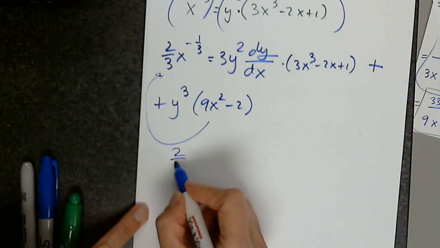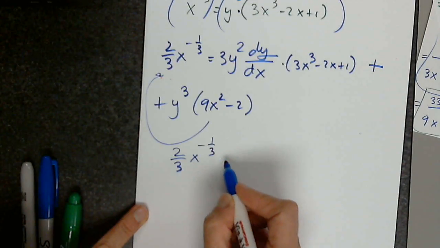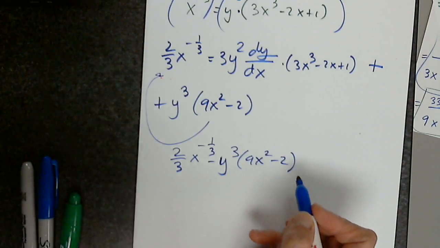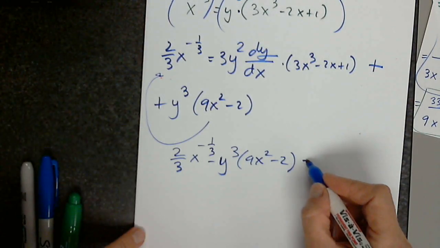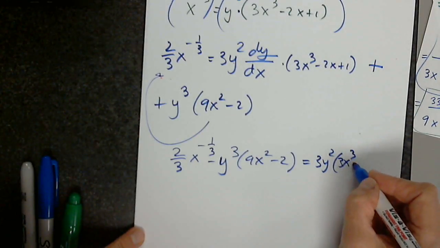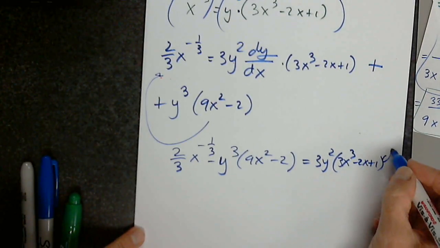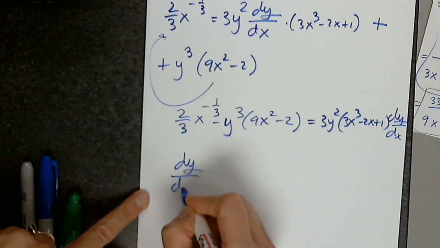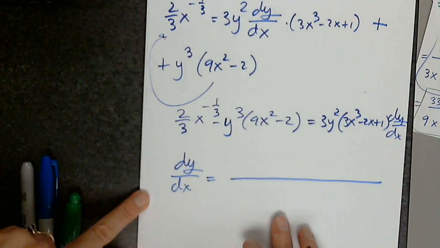So I have 2/3 x to negative 1/3 minus y cubed times 9x squared minus 2 equals 3y squared times 3x cubed minus 2x plus 1 times dy over dx. All I have to do is just solve for dy over dx, which was much easier.